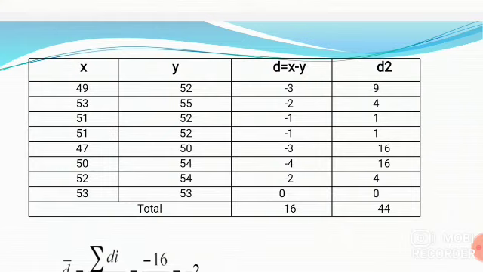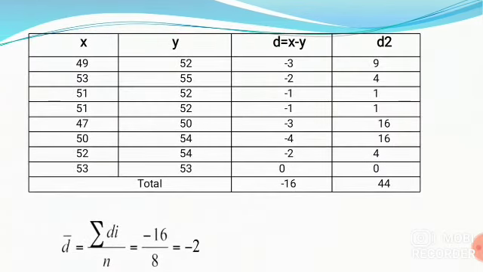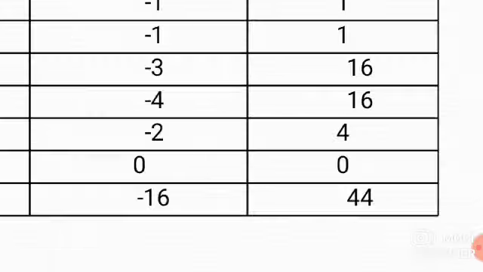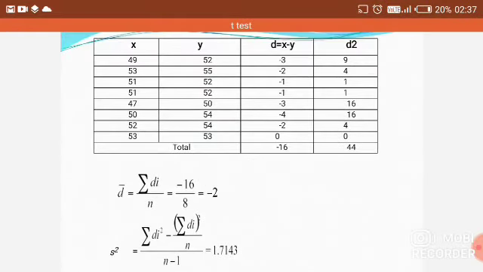So we find d. The summation of d equal to minus 16. Next column, d square. If we square 3, we get plus 9. The summation of d square equal to 44.